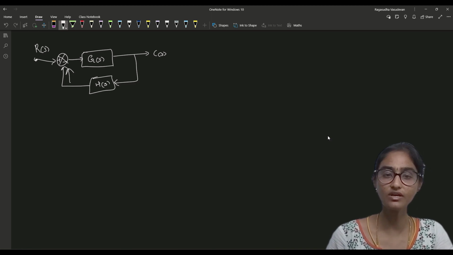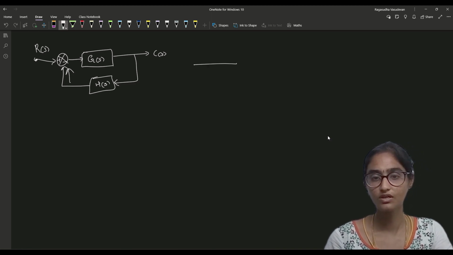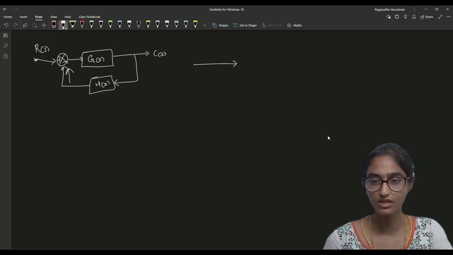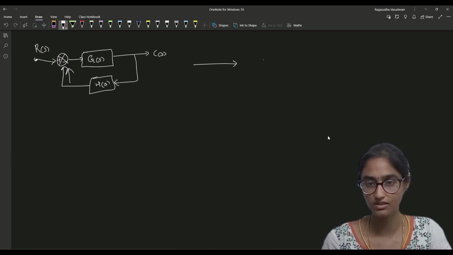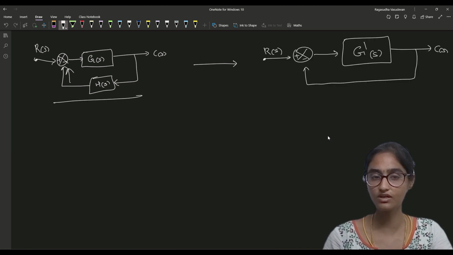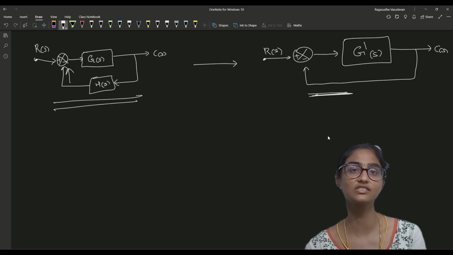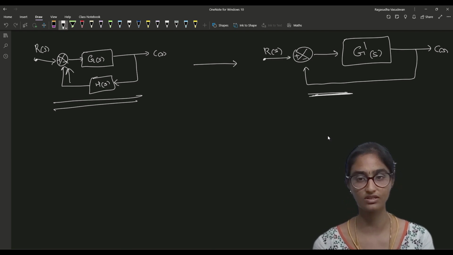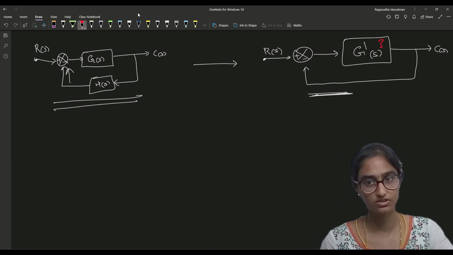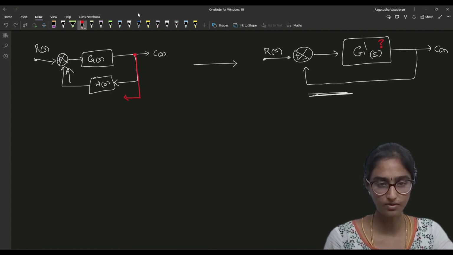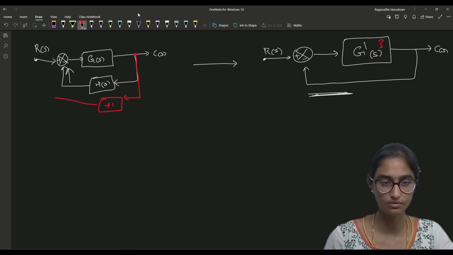In order to make a unity feedback system, you need to convert this into a format like this. This is how you convert a non-unity feedback into a unity feedback, and then you can apply the static error coefficient formulas. How do you find G dash of s? You want a unity feedback, so the feedback term should be plus 1, correct?